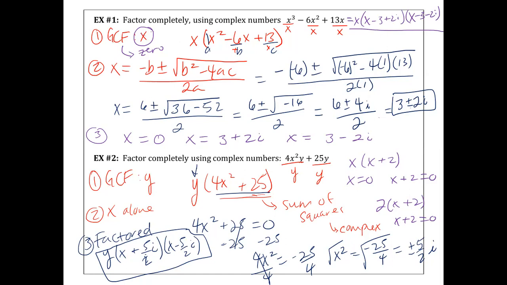So when you have a polynomial and you're putting it in factored form, you're asking what binomial, monomial, or trinomial multiplies to create this. So this is made up of a monomial times a binomial times a binomial, and it created 4x squared y plus 25y. So why do we put the i there? The i's are there because when we found our x's, it factored out to be a negative underneath the square root, and that's illegal.